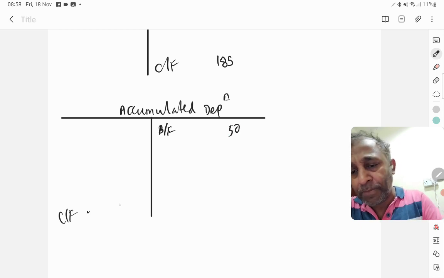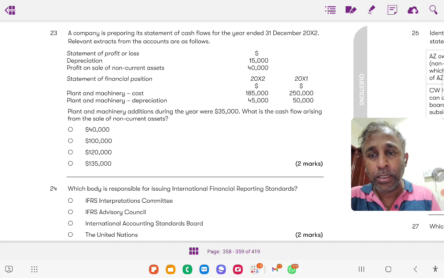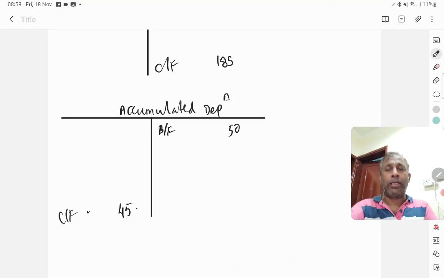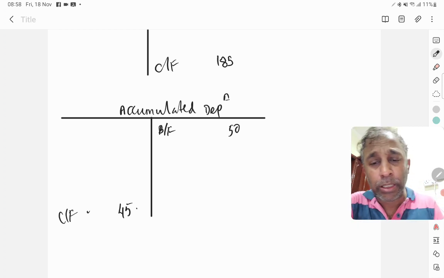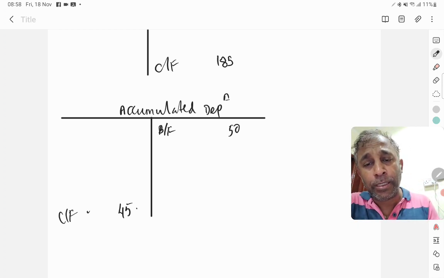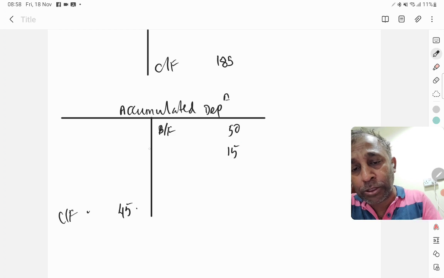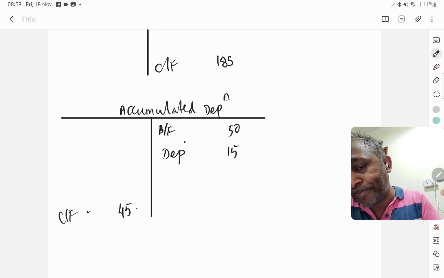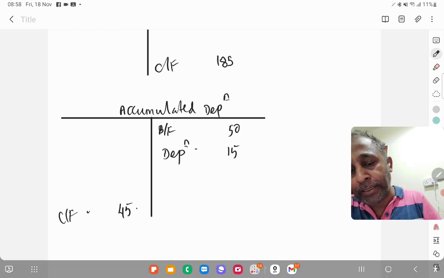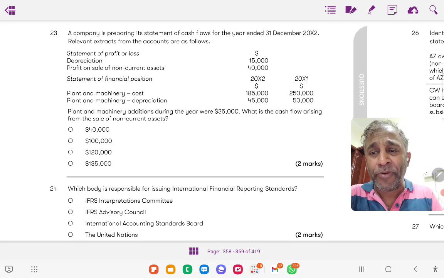So 50 and 45. Now they say depreciation during the year 15,000. So the double entry for that is you debit depreciation expense and credit accumulated depreciation. So depreciation 15,000. And then further they say the profit on disposal of non-current asset is 40,000.